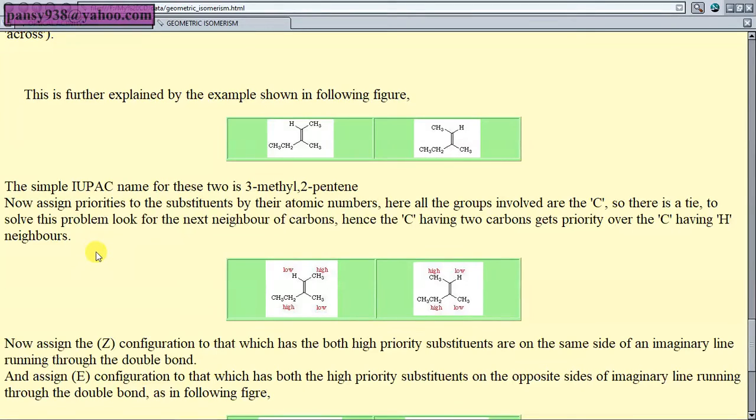Now we have to assign the stereochemistry of the compound. All of the groups in this case are carbon, so there is a tie. To solve this problem, look for the next neighbor of the carbon. Hence, this methyl has higher priority than hydrogen.